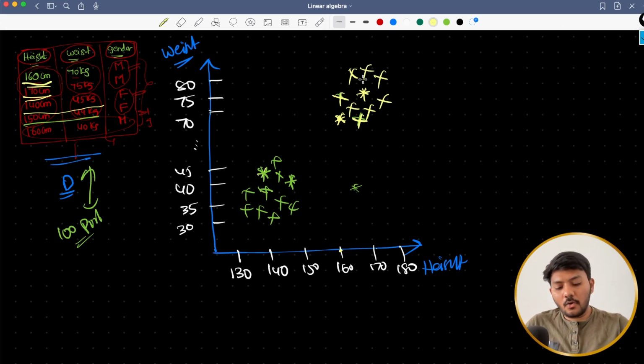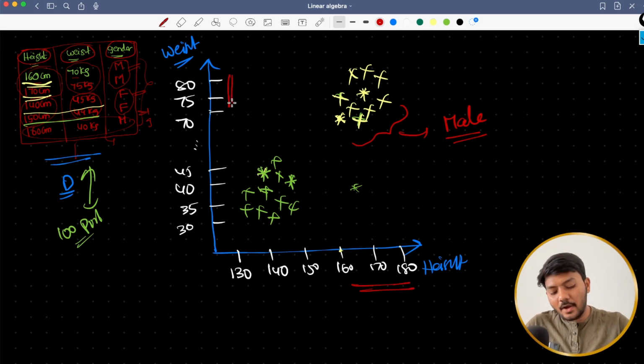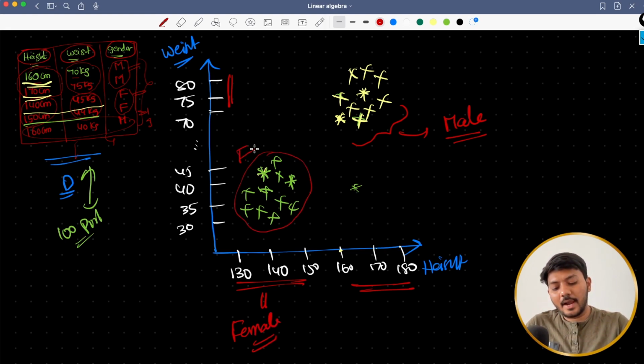right? Now if you look at it carefully, all of these points are under male category because the height range is this much and weight range is this much, and all of these points are female category, right? So all of these are female and all of these are male. And by looking at these two sets of points, I can draw a line like this.